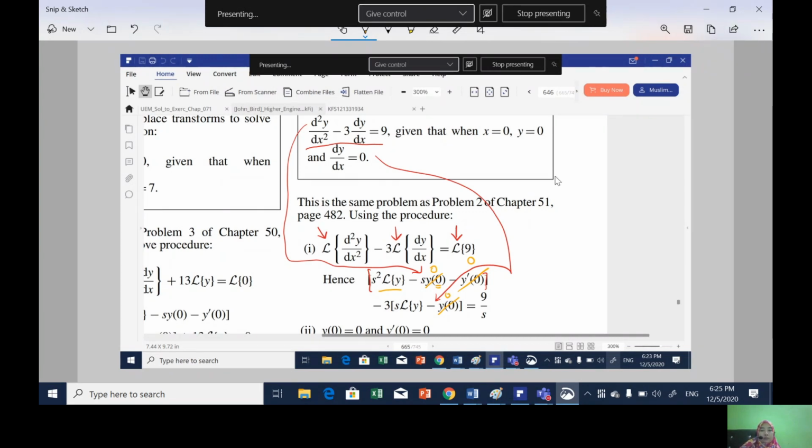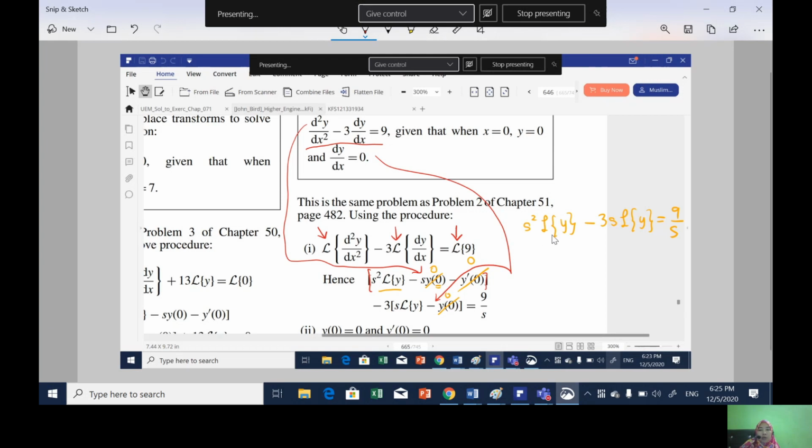So the simplified form will be s squared LY minus 3s LY equal to 9 over s. It's very simple because our boundary conditions are given as 0: y(0) and dy/dx are also 0.